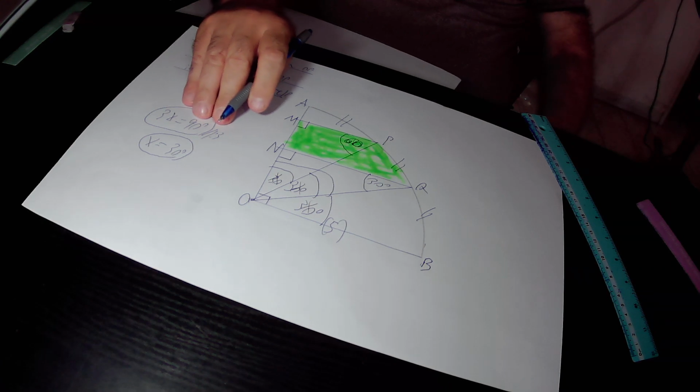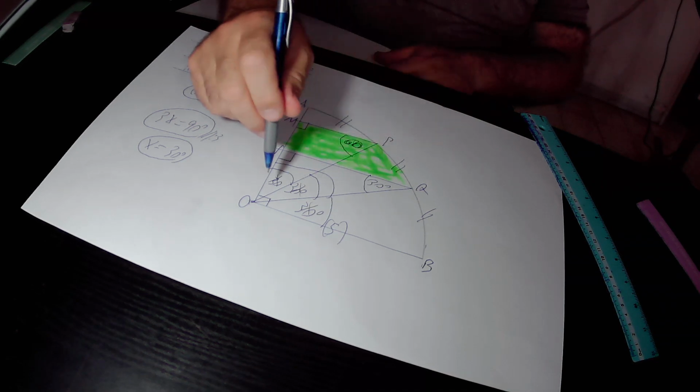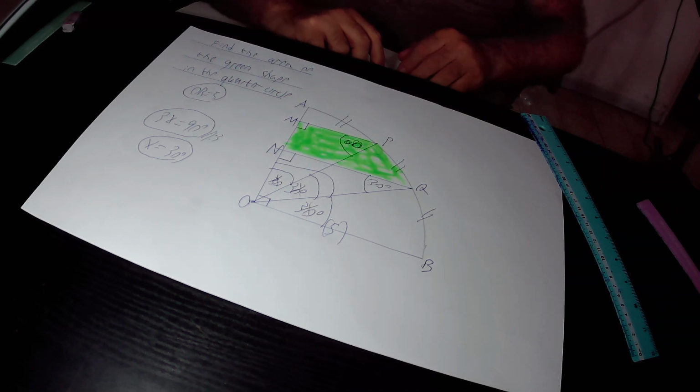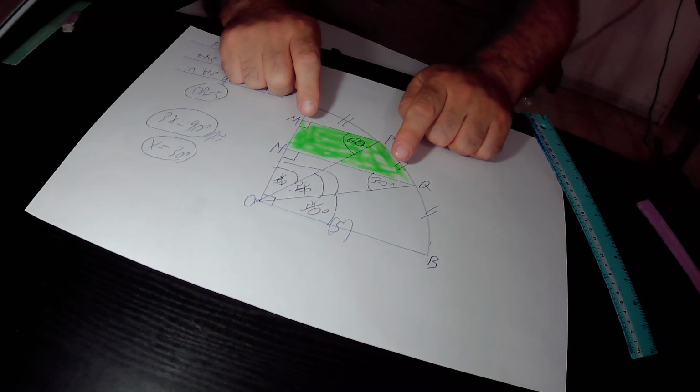So in the next step I'll copy this right triangle MOP and this right triangle NQO onto a new page, and we will prove that those two right triangles can go into each other according to the angle side angle rule.